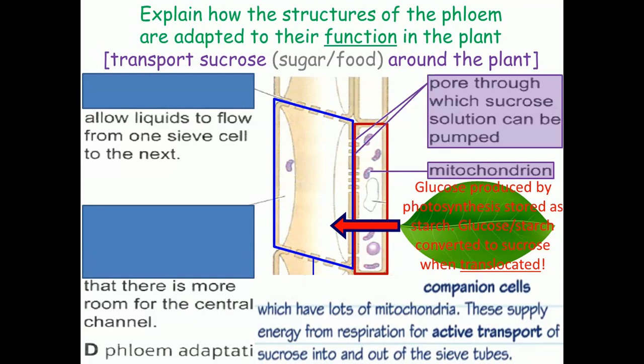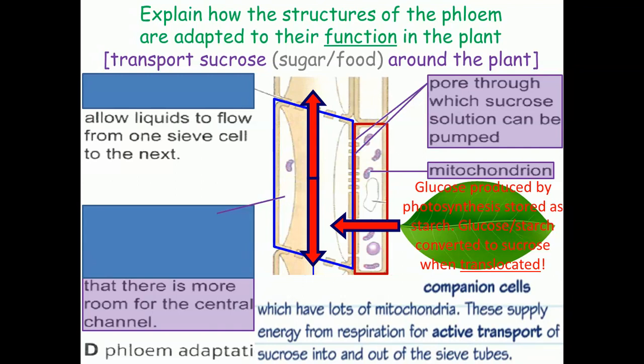Now, to help that process, there are also pores between the phloem companion cells and the phloem sieve cells, so that the sucrose can move through. And then, due to the pressure of pumping the sucrose into the phloem sieve cells, the sucrose can either move up or down the sieve tubes.